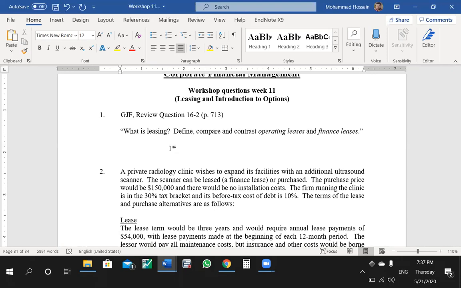Operating lease is for shorter term, but finance lease is for longer term. Finance lease covers most of the lifetime of the machinery. For operating lease, it's a very short time. And a finance lease is non-cancelable, but an operating lease is cancelable.